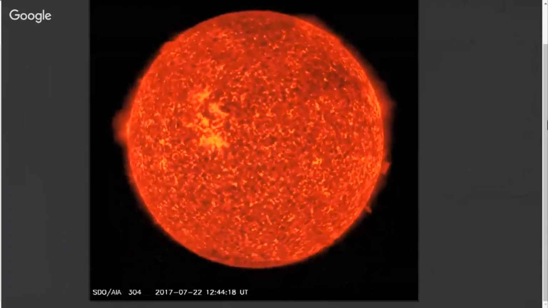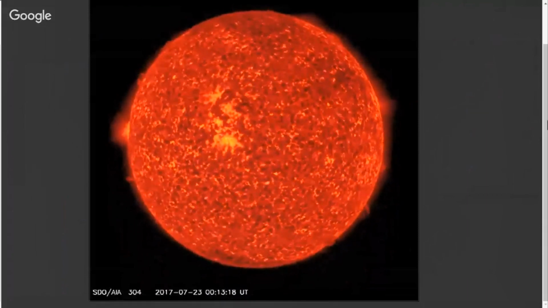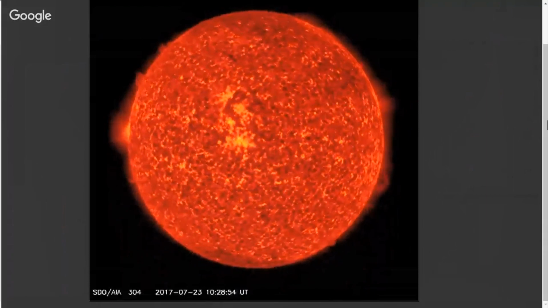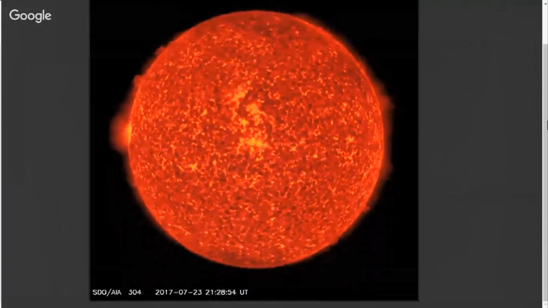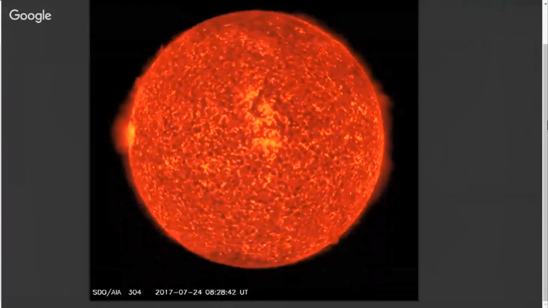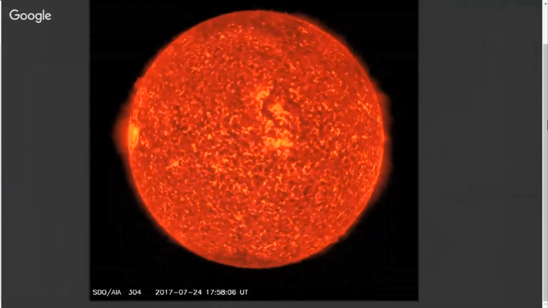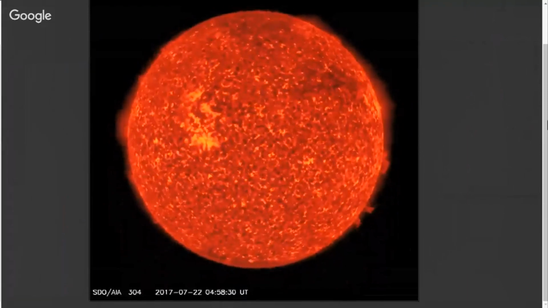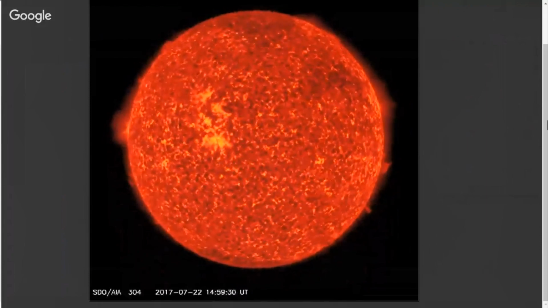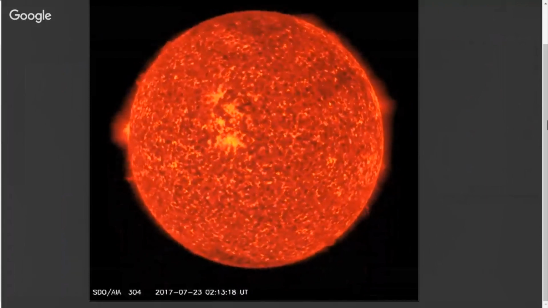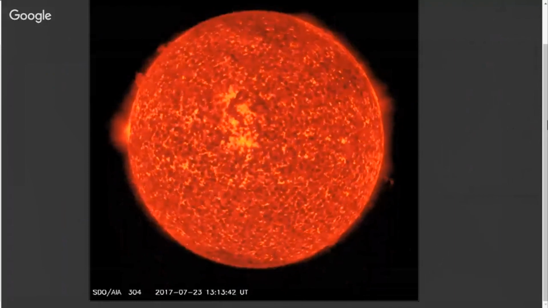Well, I say they turned it off. They say that they lost communication, the satellite was damaged. Not buying that, because we got tremendous images from the backside of the sun for a long period of time, and then all of a sudden that craft stops working.